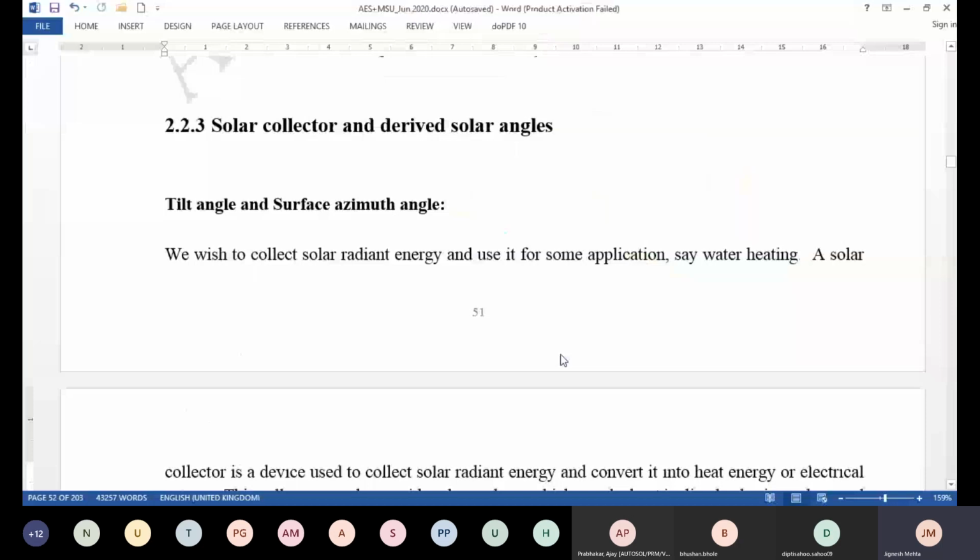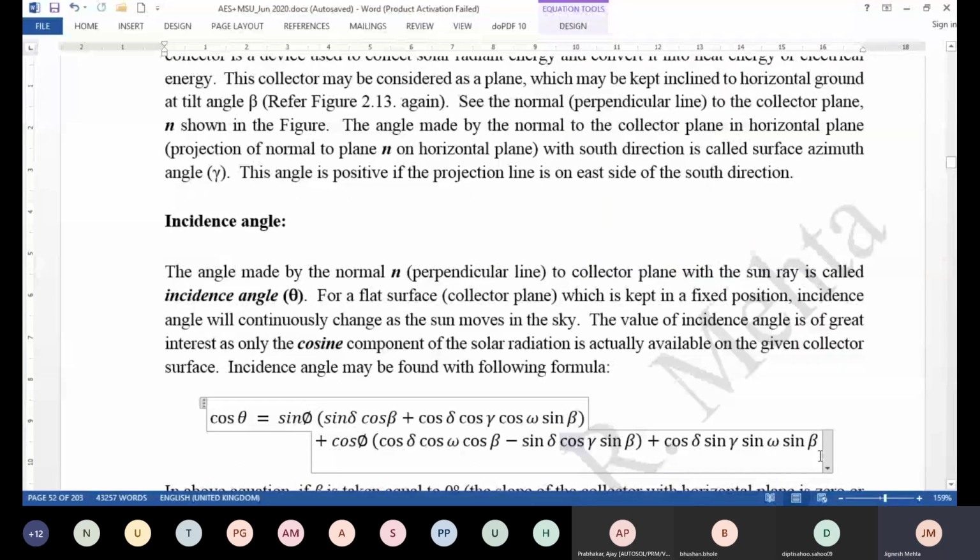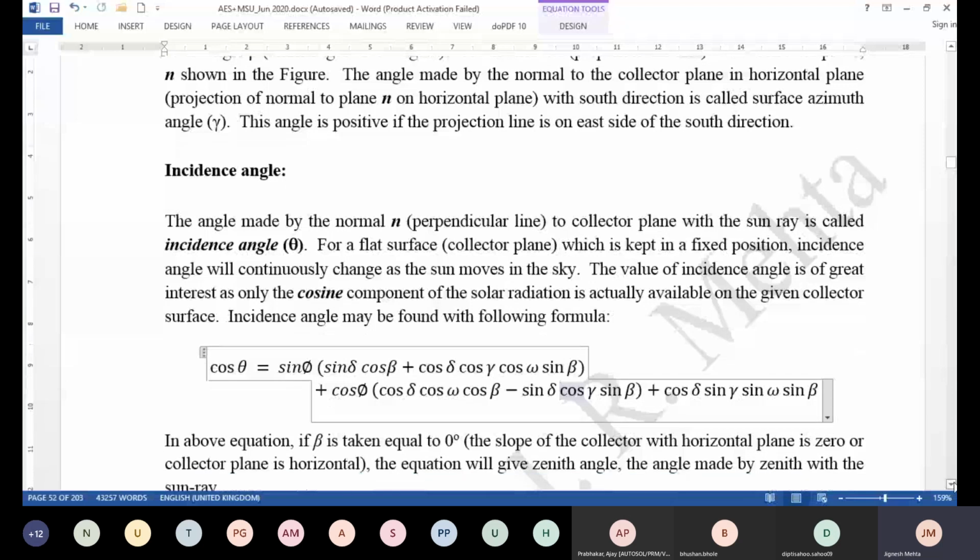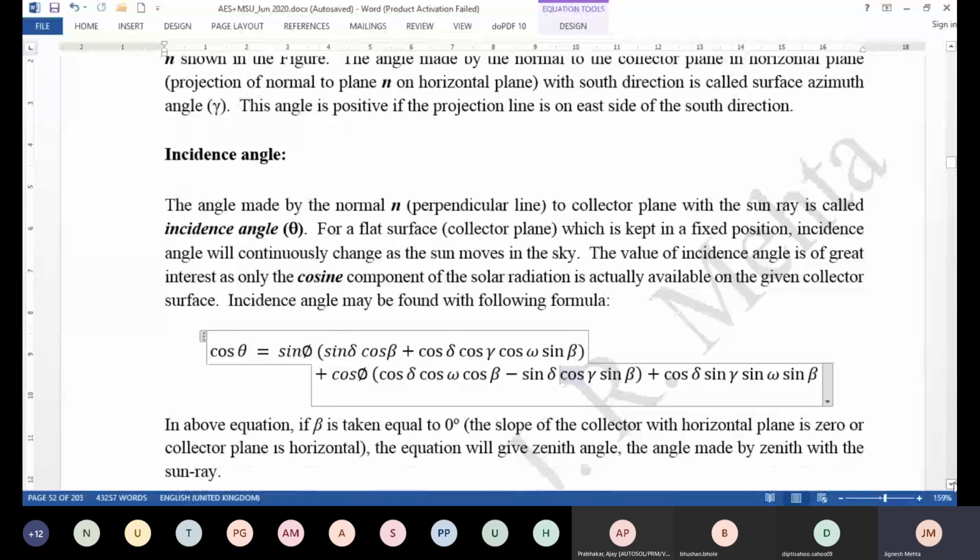Finally, we are at the incidence angle, and this is the formula for it. There are different angles involved. You should be familiar with this terminology. Cos theta, the cosine of the incidence angle, you can get by this formula. It seems to be a lengthy formula.